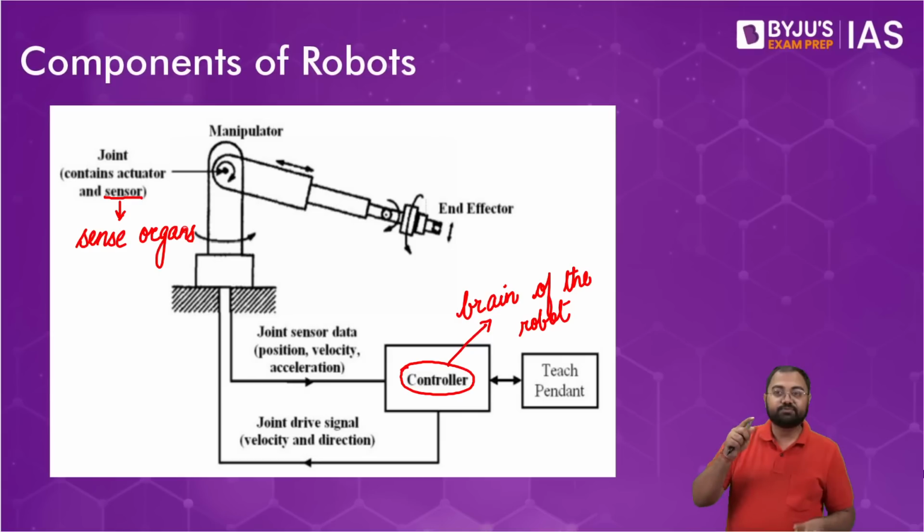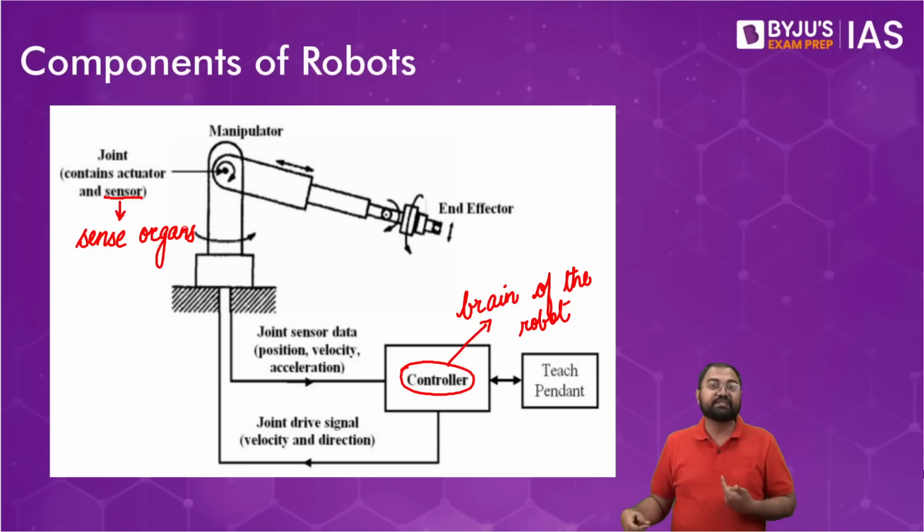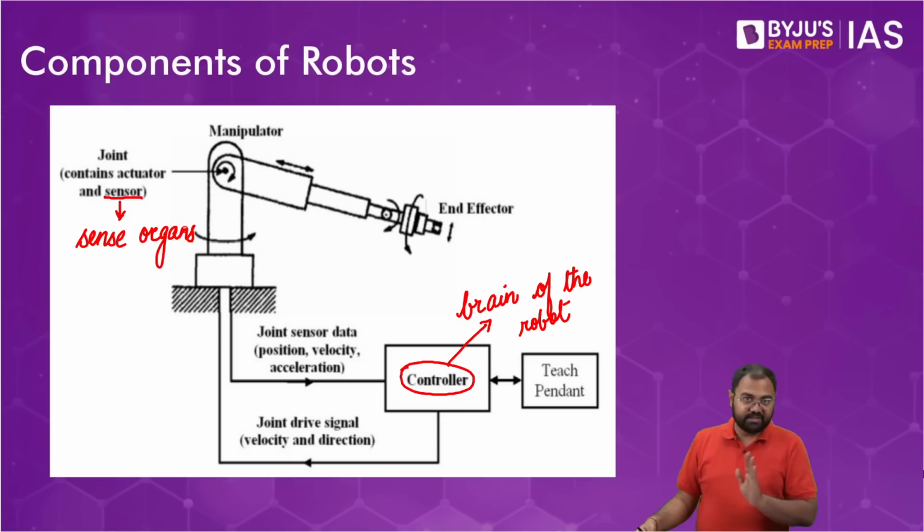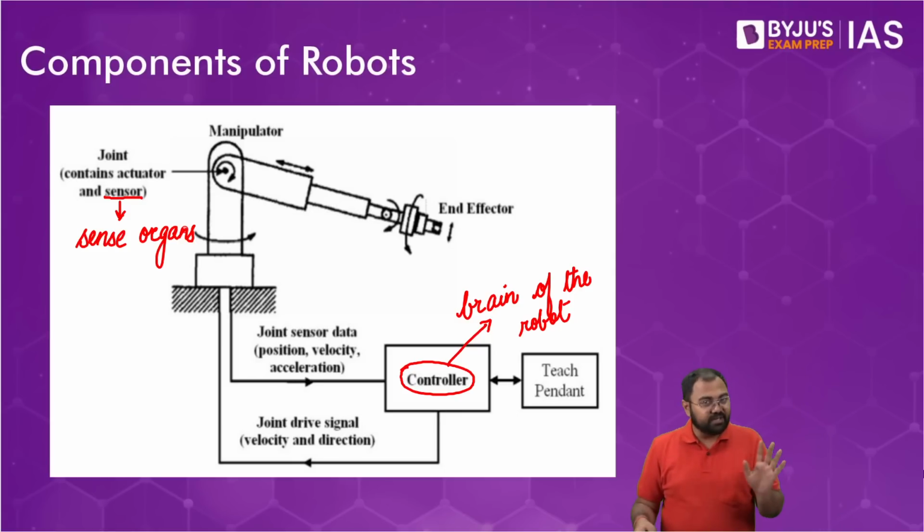The sensors will also be connected to the external environment. They will sense their environment, and they'll send the information to the controller, and the controller, based on the information received from the sensor, will take a decision. So that is how sensors basically work in a very similar manner as how sense organs work.